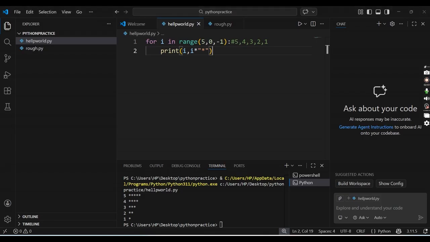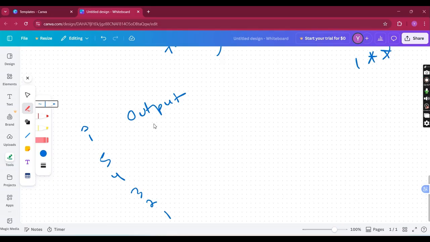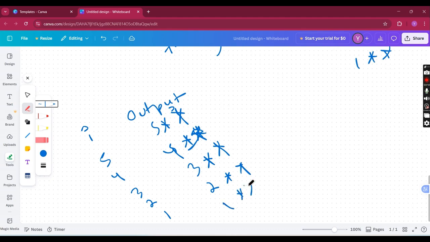When we do something like I into this, we are multiplying it 5 times, then 4 times, then 3 times, then 2 times, and then 1 time, and we actually get the value which we are intending to get. After solving this problem, we will go to the next problem.